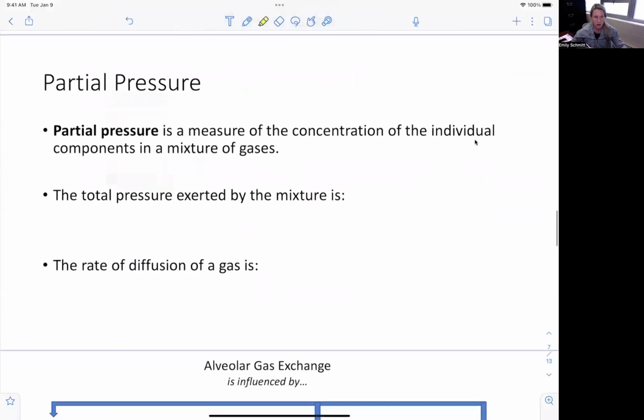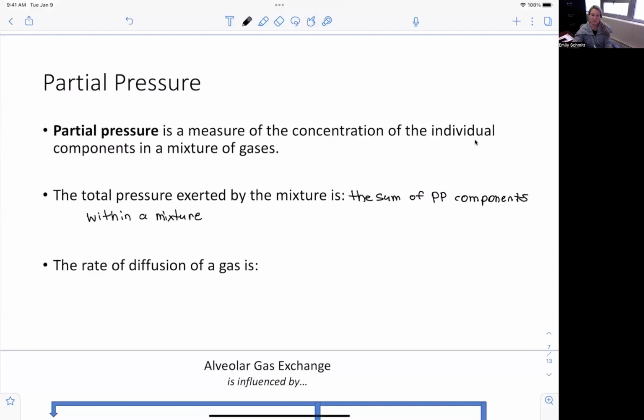So it's important that we also talk about partial pressures, and we mean this as a measurement of the concentration of the individual components of a mixture of gases. So the total pressure exerted by a mixture is the sum of the partial pressure components within a mixture.